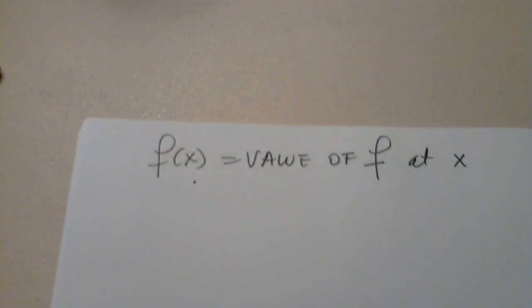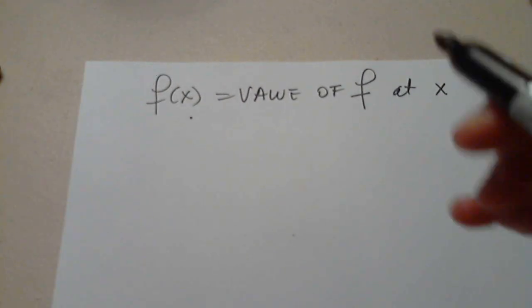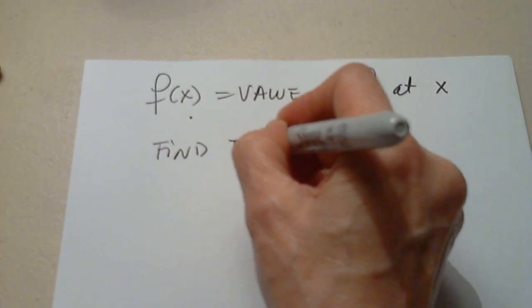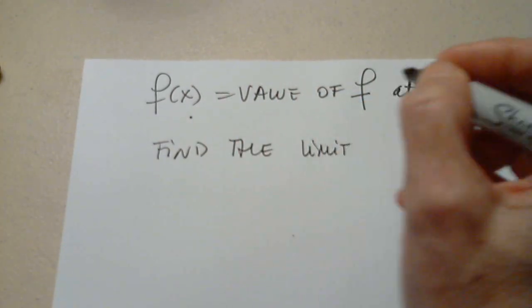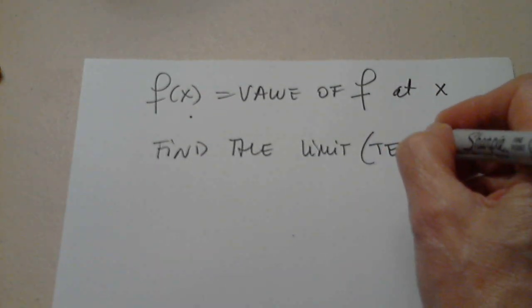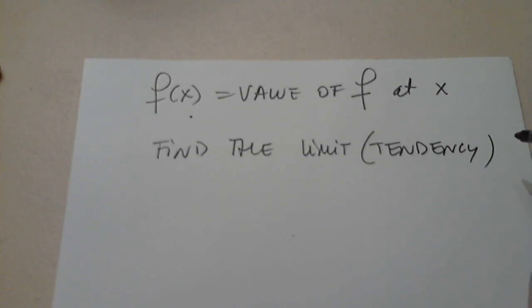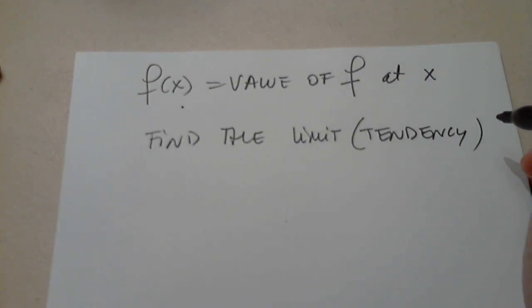This is the value. The tendency, what does that mean? By tendency I mean find the limit. Where is it going? What's the trend, if you want?